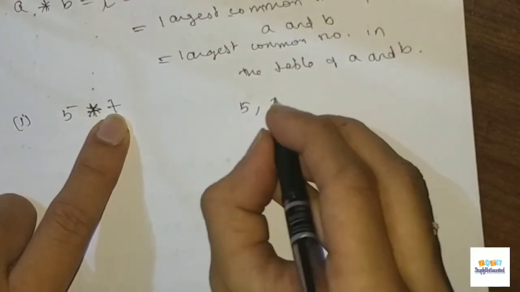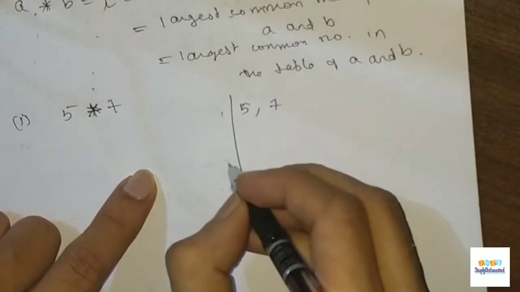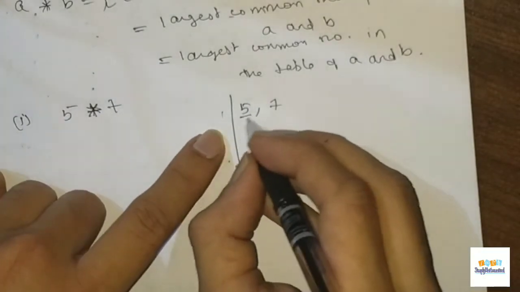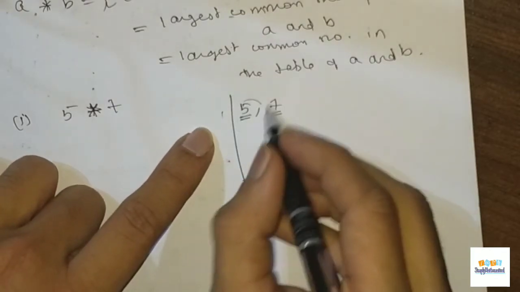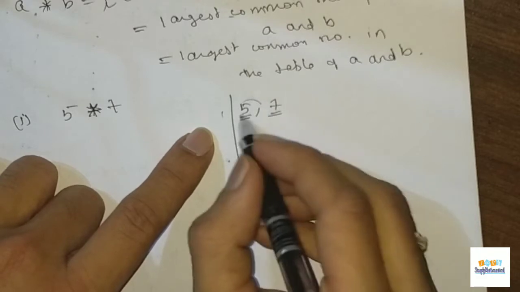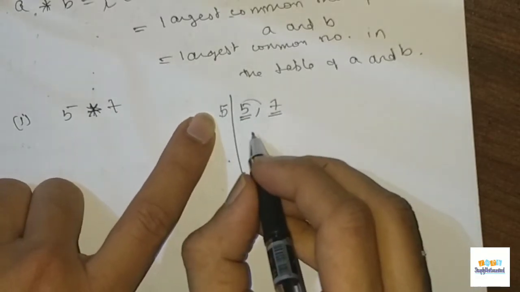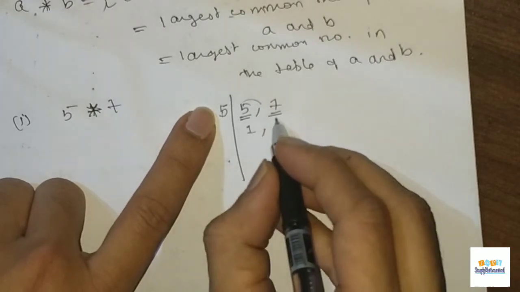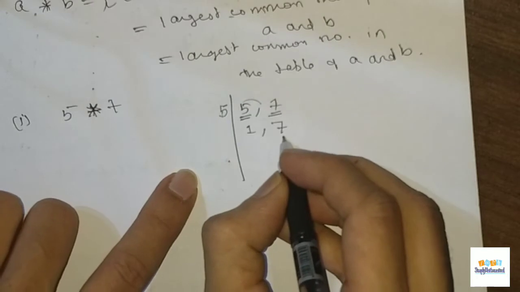You have 5 and 7 here. You have to write the factors here. Let us take the first prime number which divides these two. There is no common prime number which divides these two, right? So you first take 5 anyway. 5 ones are 5, and this 7 is not divided by 5, so you write it as it is down.